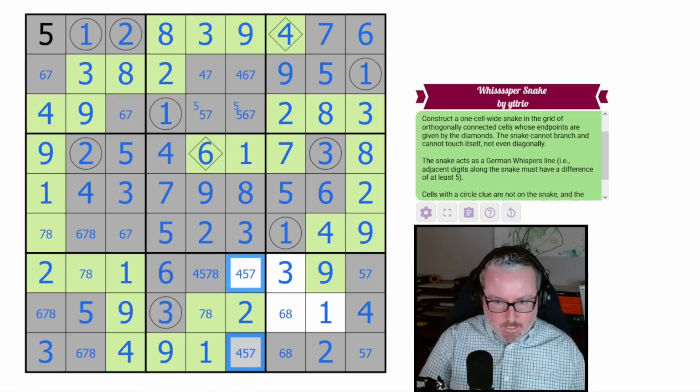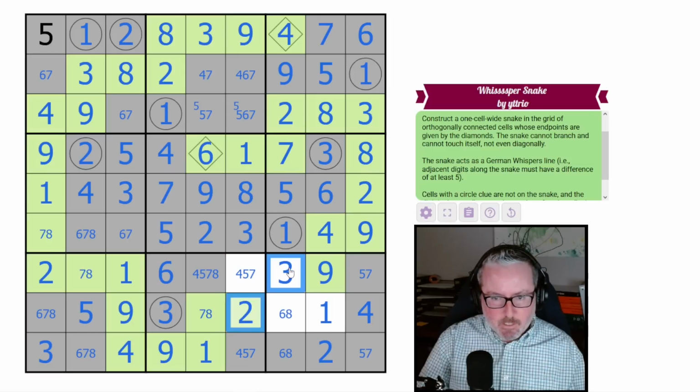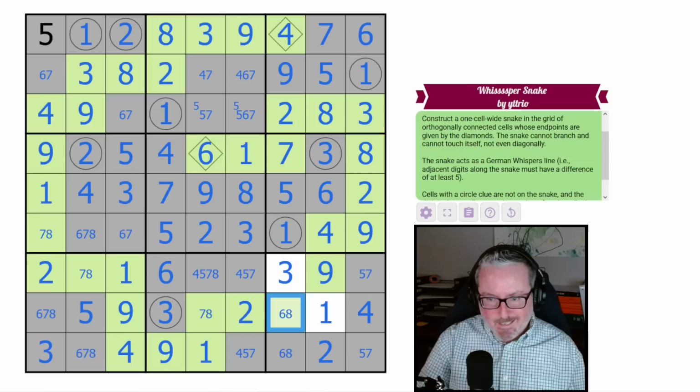These are not 8s. This can't be part of our snake, because if it was, it would be a 7, and it would be next to a 2 and a 3. So you're not snakified, which means you are an 8, because you're next to a 2.